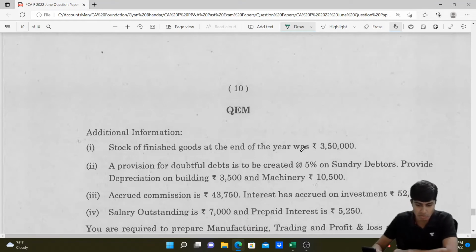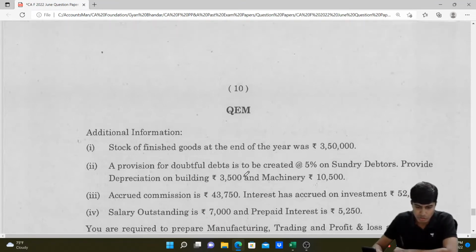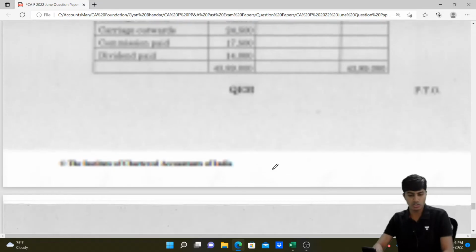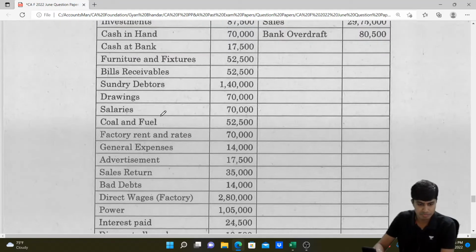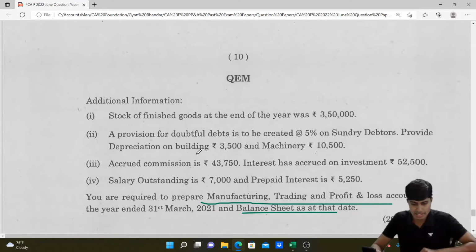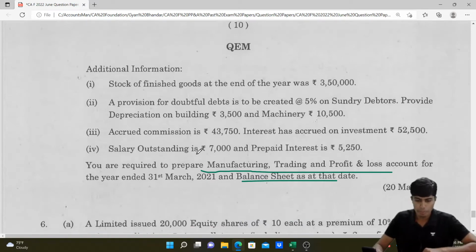So we have information about closing stock here, and we have adjustment on debtors, depreciation on building and machinery. Closing stock will come in trading account and balance sheet. We'll make a small marking next to debtors, saying that there is adjustment. We have Sundry debtors. This has adjustment, and there is depreciation on building and machinery.